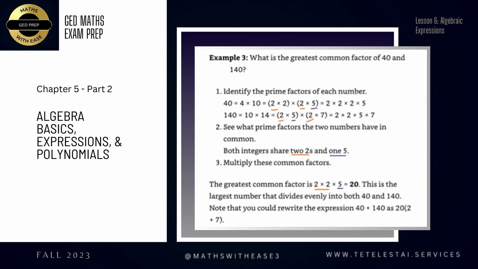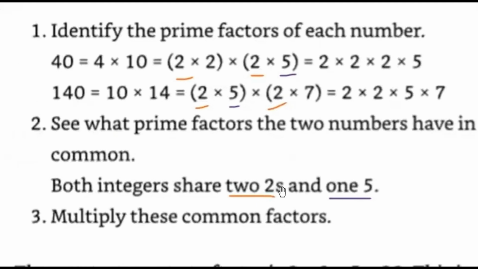So in this example, we're being asked, what is the greatest common factor of 40 and 140? You want to begin by identifying the prime factors of each number. So we know that 40 is equal to 4 times 10. We've broken down 40 a little bit so that it can help us identify the prime numbers associated with our factors of 40.